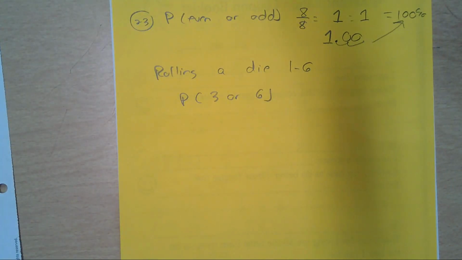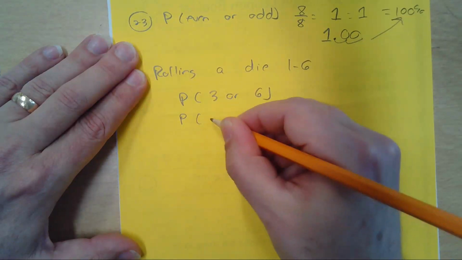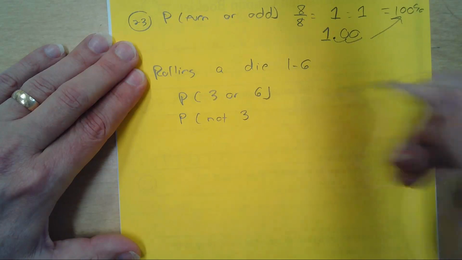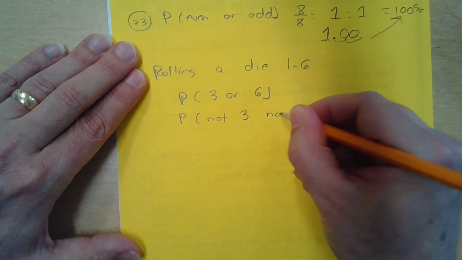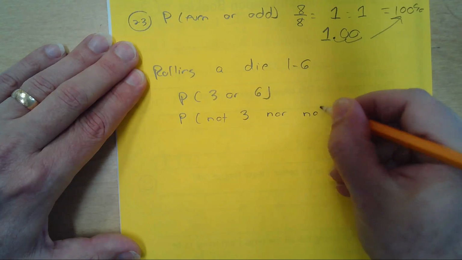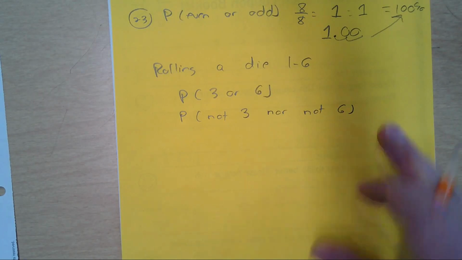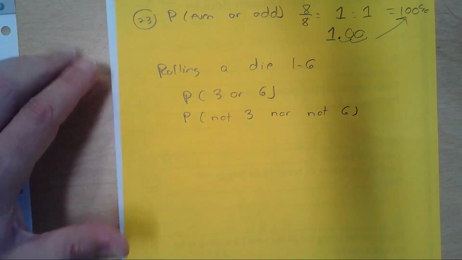I would say not 3, nor not 6, right, that's its opposite. And what is the probability of this event right here?